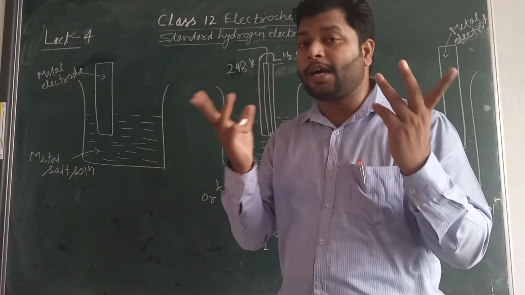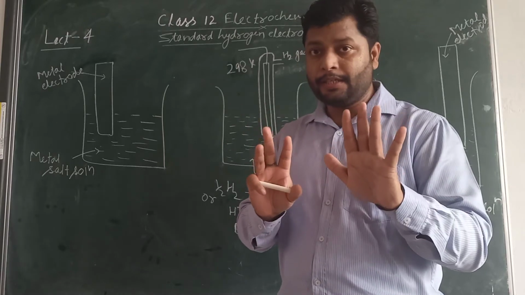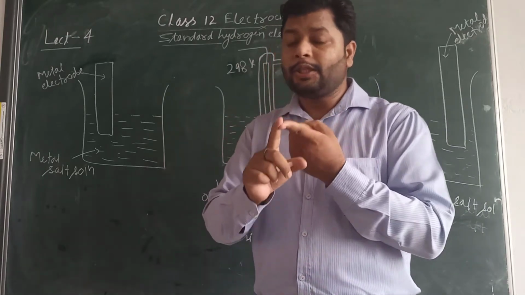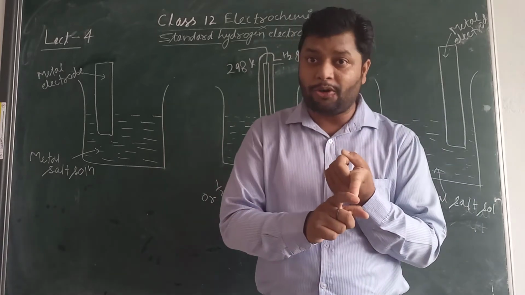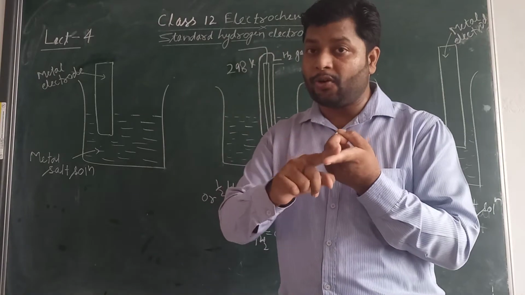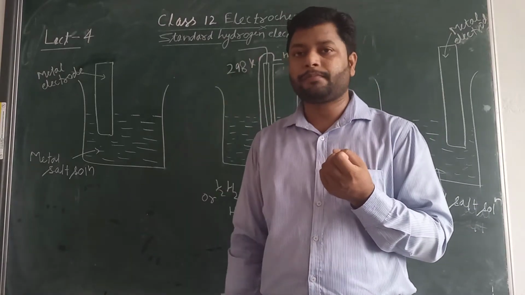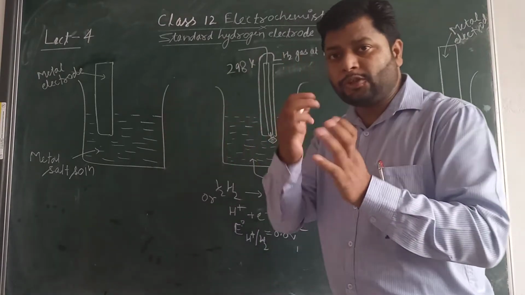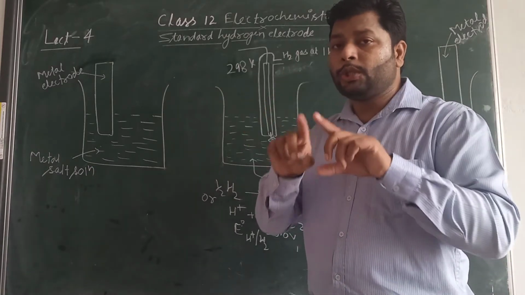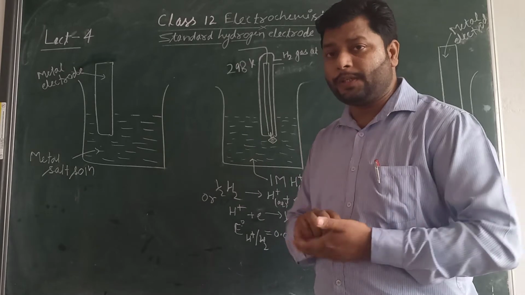There is no third possibility. Either one electrode is the cathode, so the other must be the anode, or if one is the anode, the other must be the cathode. With the help of this concept, we will try to choose two different kinds of electrodes.